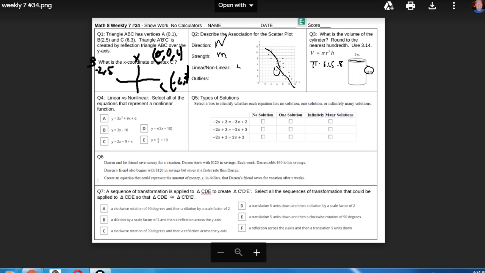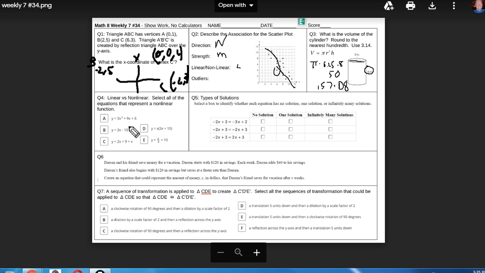So times 8 is 50, and times pi is 157.1. Oh, it asks us to round to the nearest hundredth, so it would be 157.08.